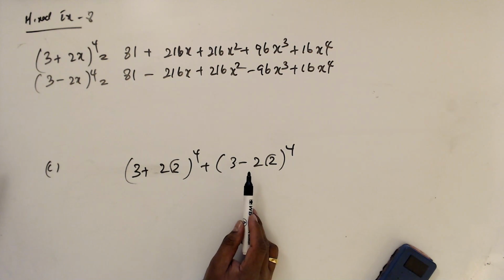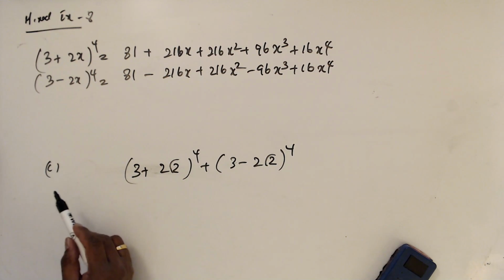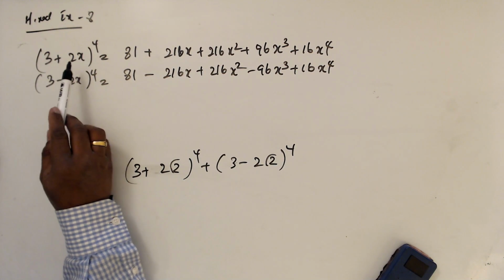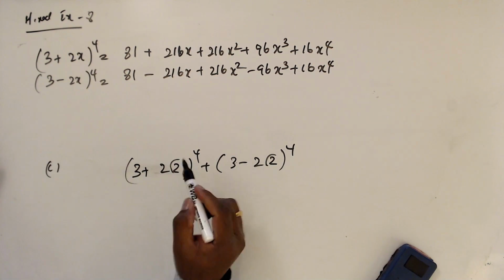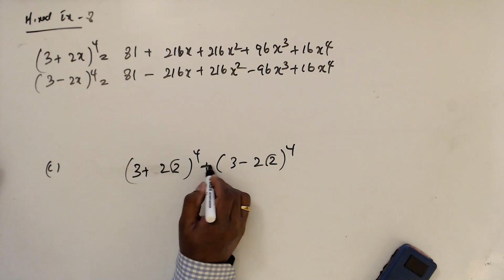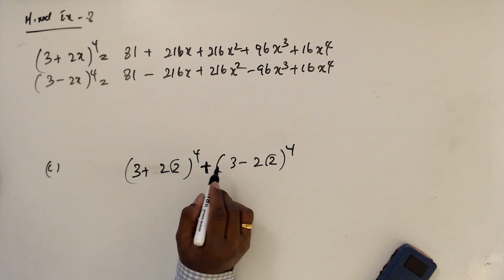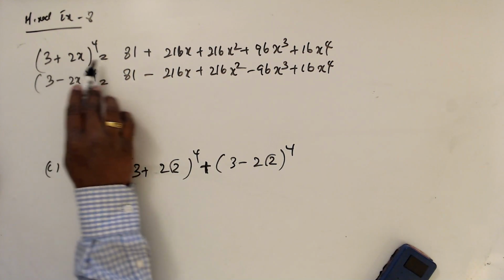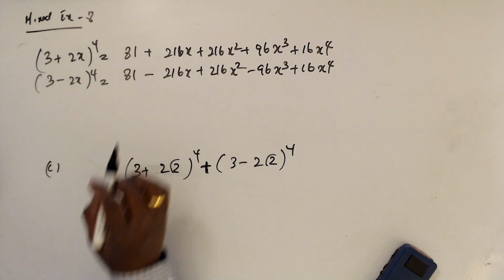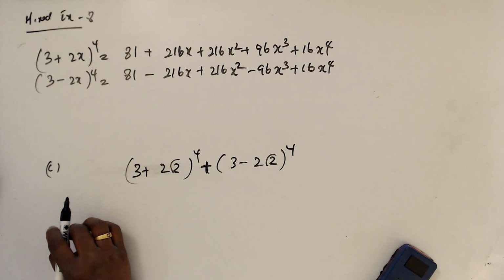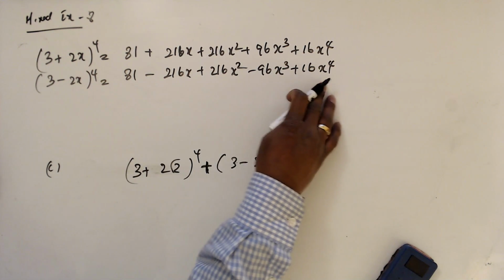It means I just need to replace x by square root 2 in both, and then I have to add. So now I have two options: either I can replace and add, or I can add and replace. So I'm going to add those two together.